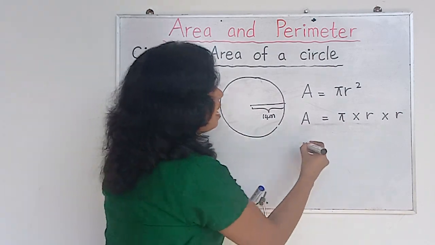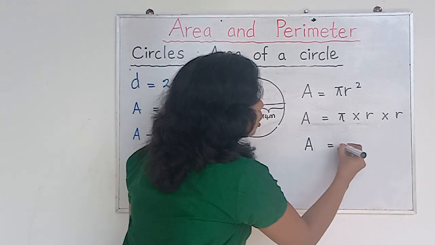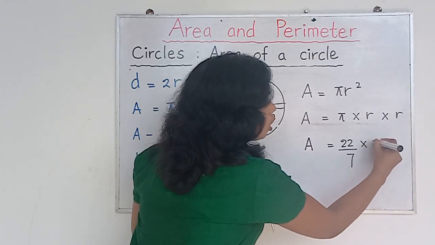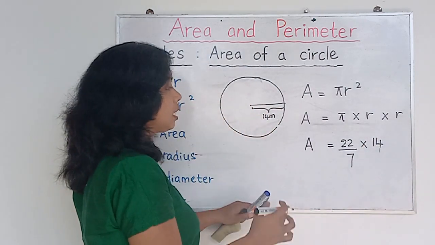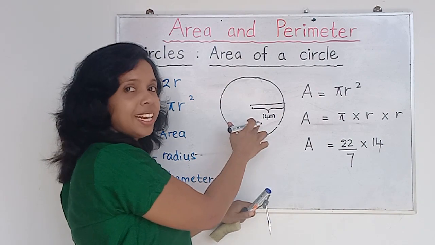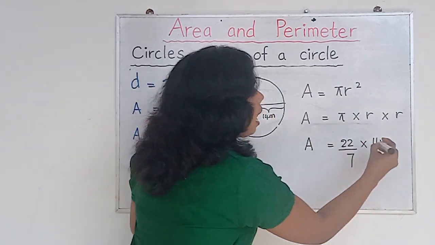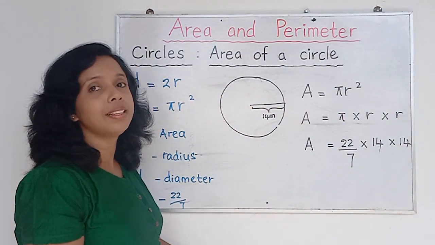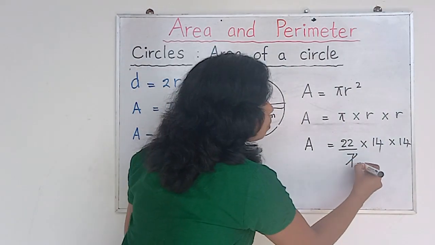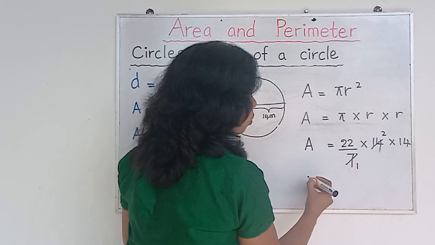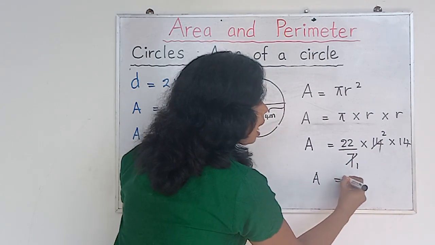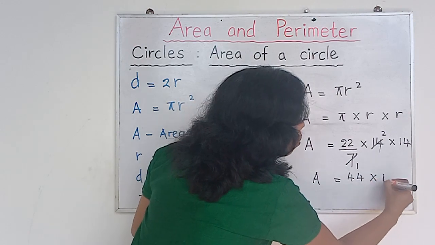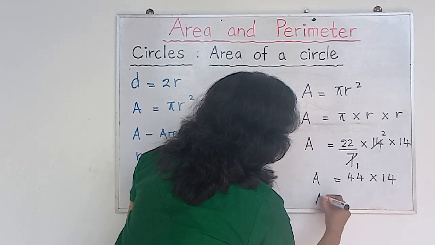Then A equals 22 over 7 times 14 meters, because the r value is 14, the radius of this land, and another 14. So can I simplify this? Yes. 7 times 1, 7 times 2. Then 2 times 22, it is 44. 44 times 14. We'll check.